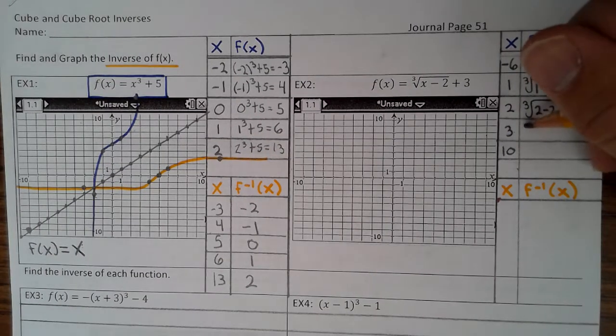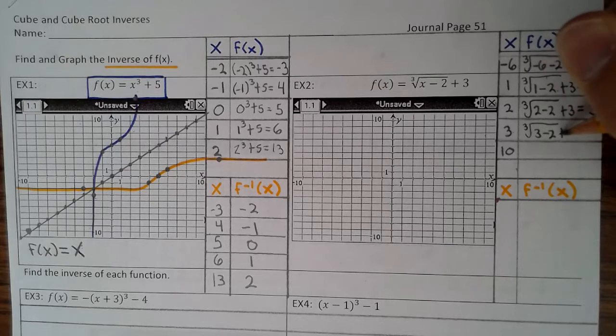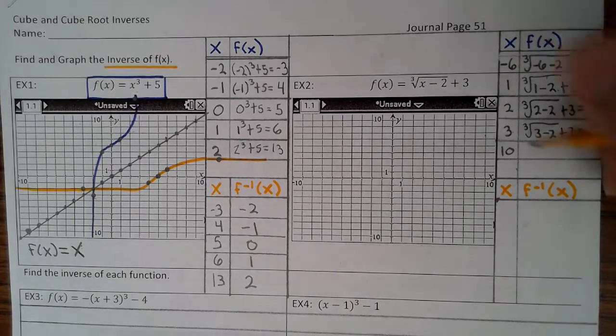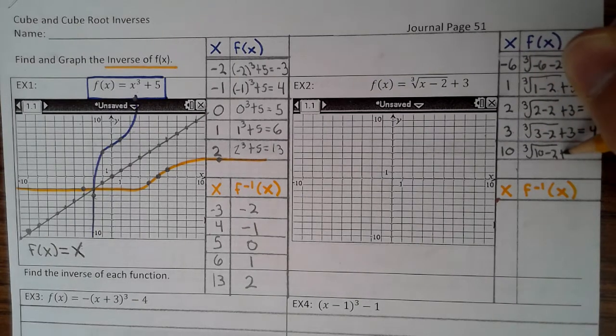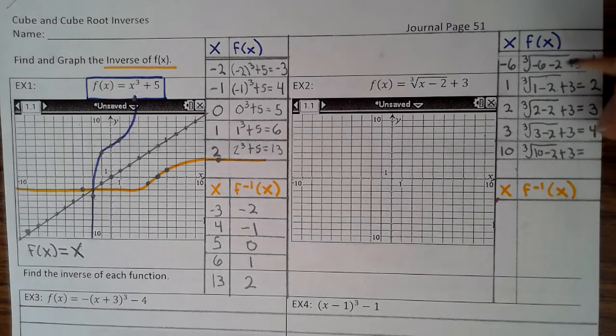Okay, and then the cube root of 3 minus 2, so that's 1 plus 3 is 4. And then the cube root of 10 minus 2 plus 3, well, that's 8. The cube root of 8 is 2 plus 3 is 5. Okay, so let's graph our points.